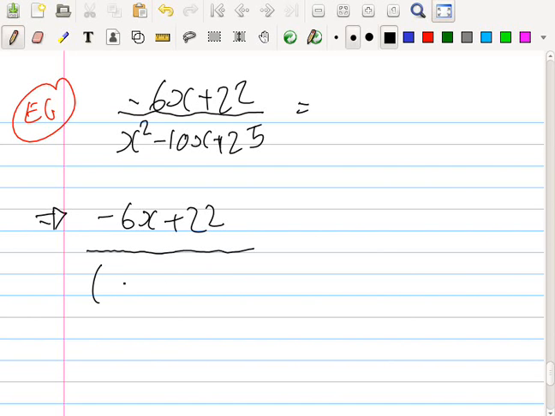When you factor this, you get x minus 5 times x minus 5. Now this is a big problem actually, because don't write down the blue part. You cannot say it's equal to this.